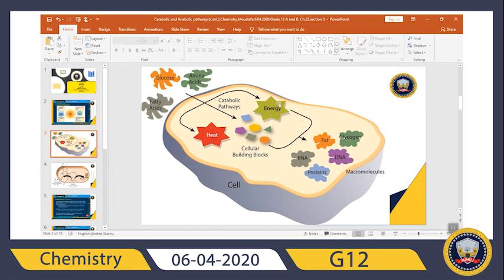About 40% of this ATP energy is used for the anabolic pathway of these macromolecules. Again, they will produce RNA, DNA, proteins, fats, and glycogen.